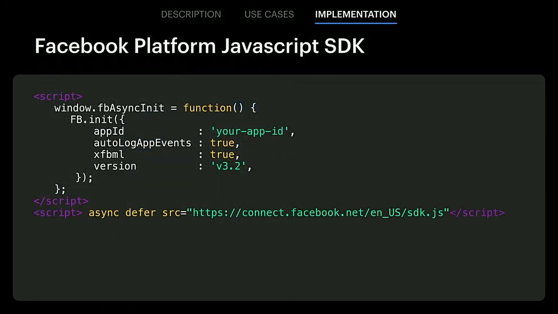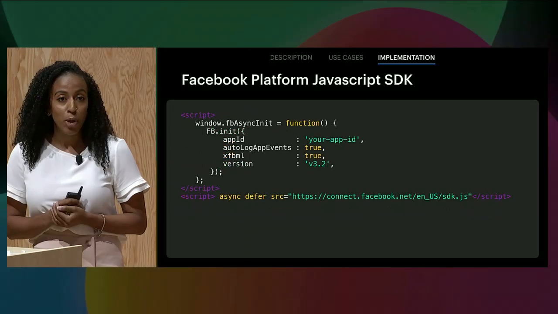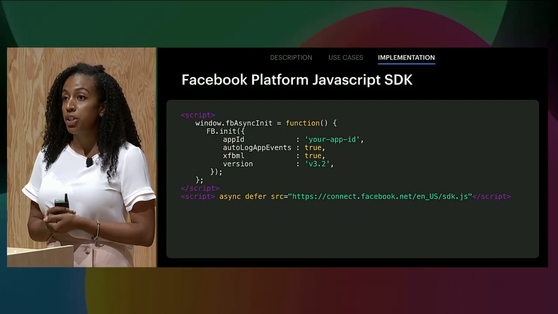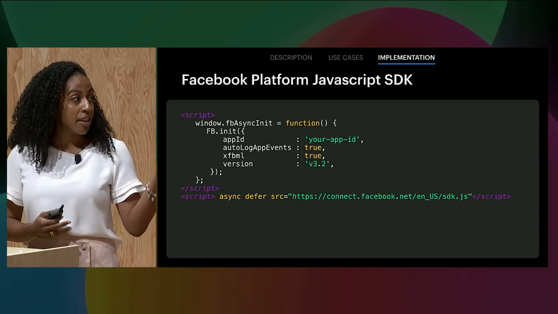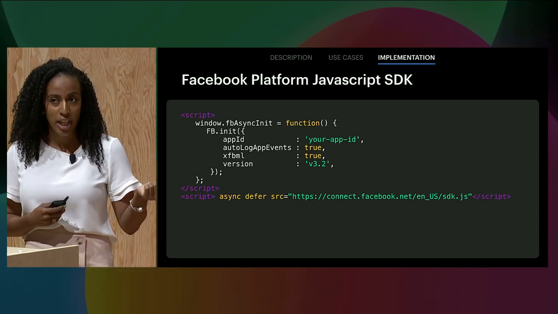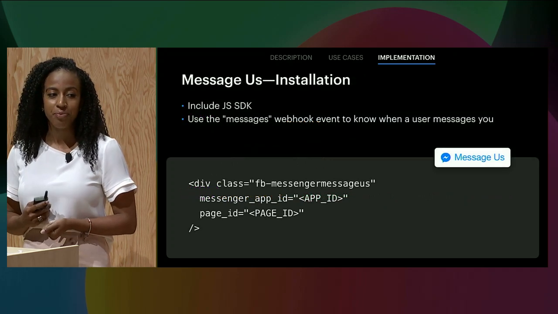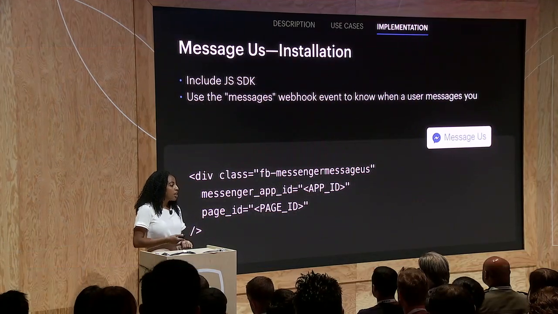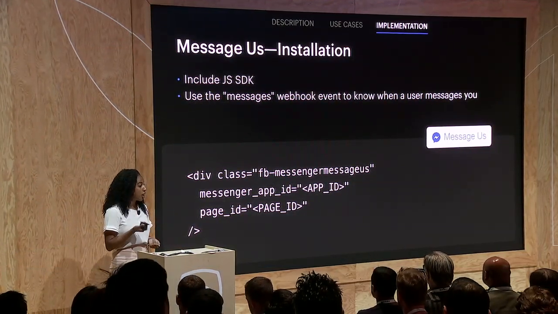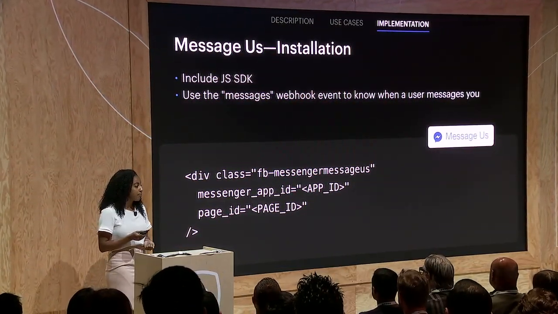If you'd prefer to use the Message Us plugin, a bit more effort is required. You'll need to include the Facebook JavaScript SDK wherever you'd like the plugin to render, and this is just a quick example of what that could look like. After you've included the Facebook JavaScript SDK, you can place the Message Us div element wherever you'd like it to render.